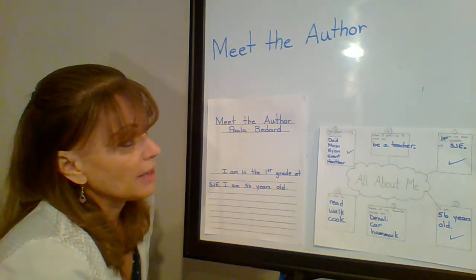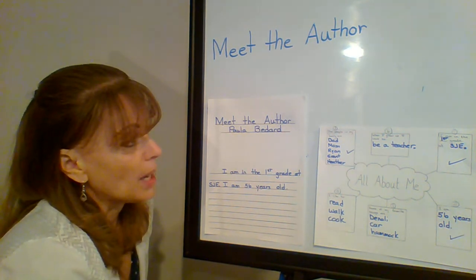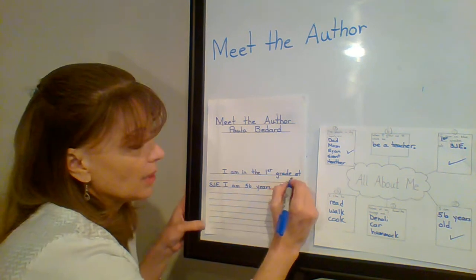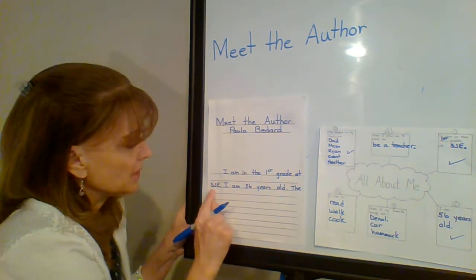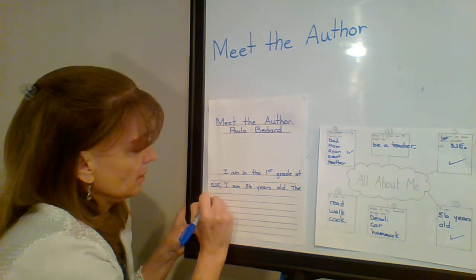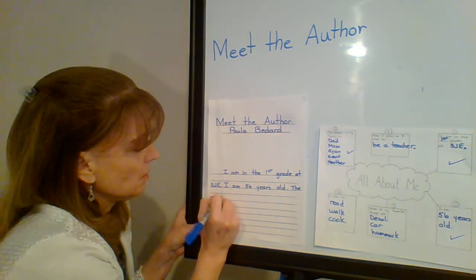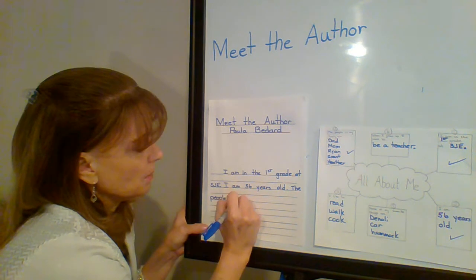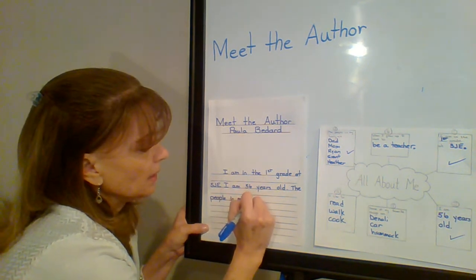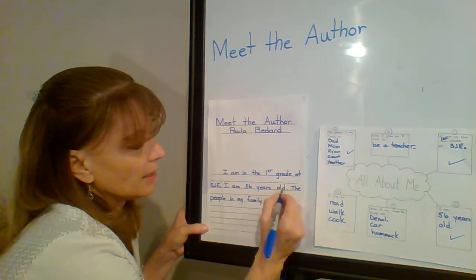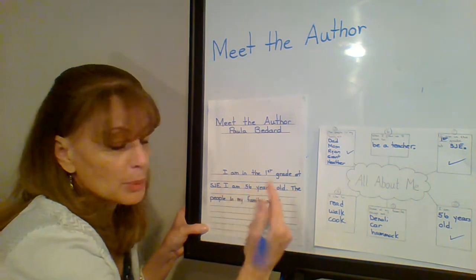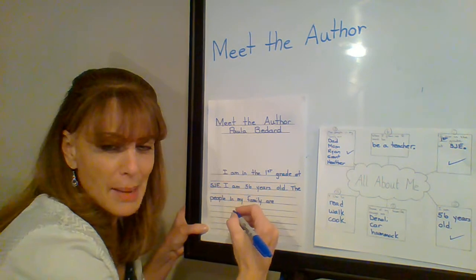The people in my family are Dad, Mom, Ryan, Grant, and Heather. So remember, here's the period. I start right after the, I must skip this line. People in my family are, now instead of putting Dad and Mom, I'm going to put our names because it's not my mom or dad.